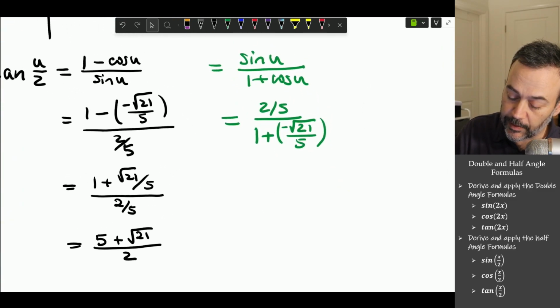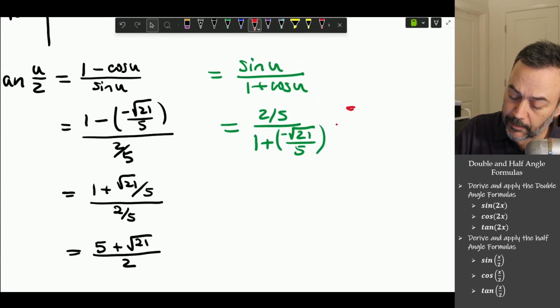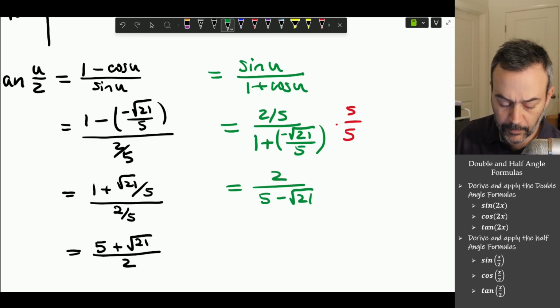If I multiply top and bottom of this fraction by 5, the new numerator is 2. 5 distributes to that one, so 5 minus root 21.